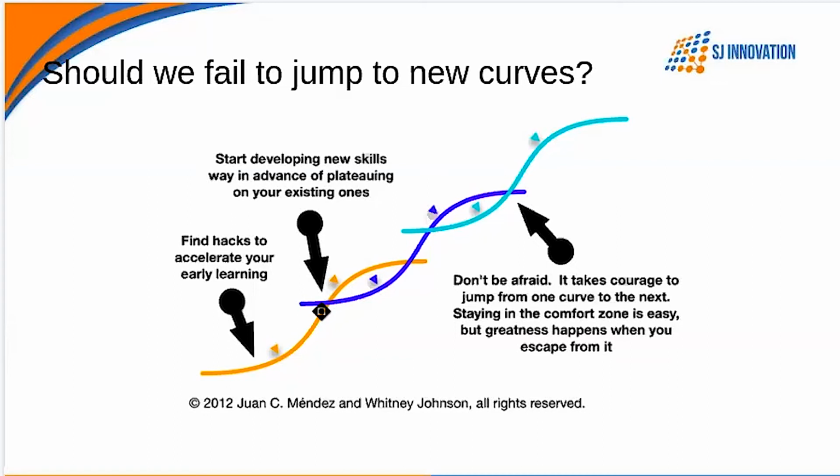Our new learning curve of learning a new skill, whether it is a technical skill or a soft skill, should start from the point just before we reach the mastery. It says start developing new skills way in advance of plateauing on your existing ones. So before it starts flattening this curve, we must start learning or take up a new skill.